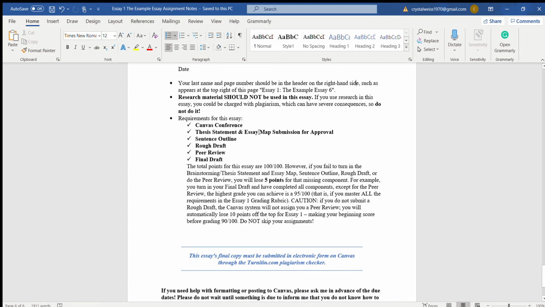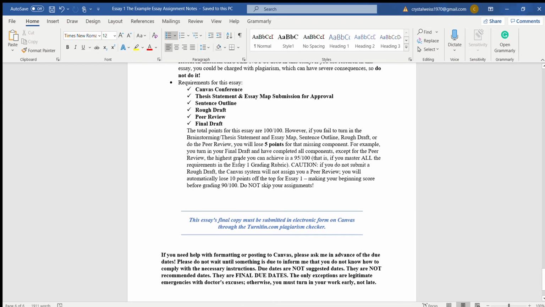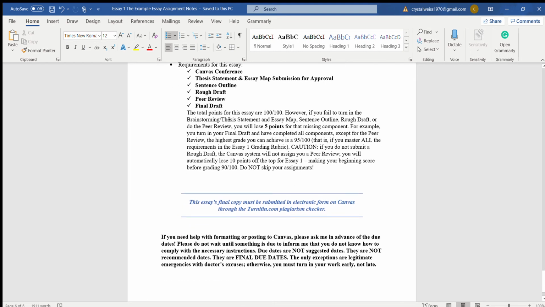Thesis statement and essay map submission for approval, your sentence outline, a rough draft, peer review, and then your final draft. Now I want you to understand the math. The total points for this essay are 100 out of 100.